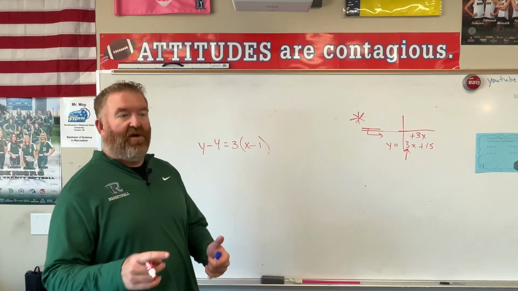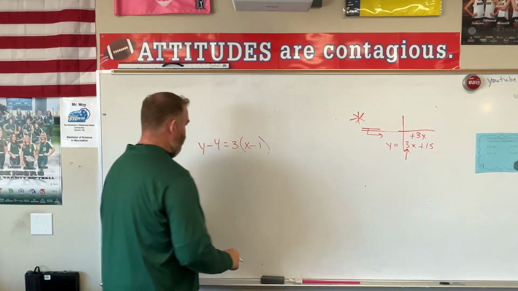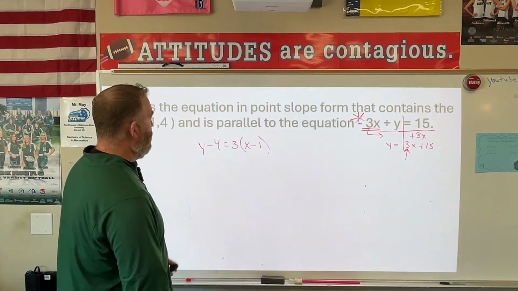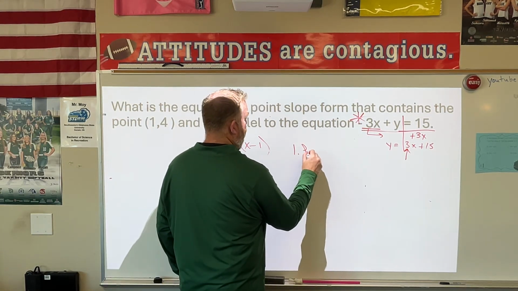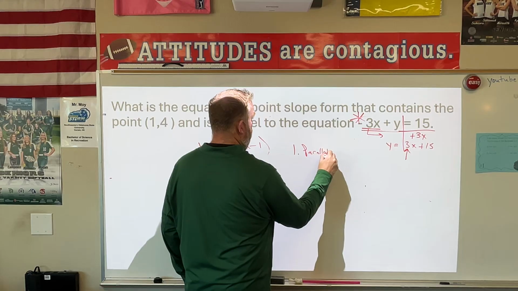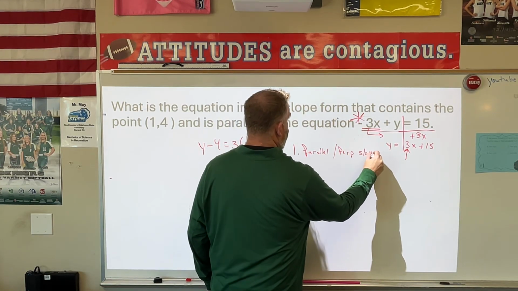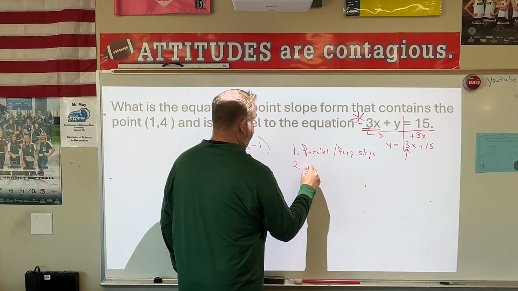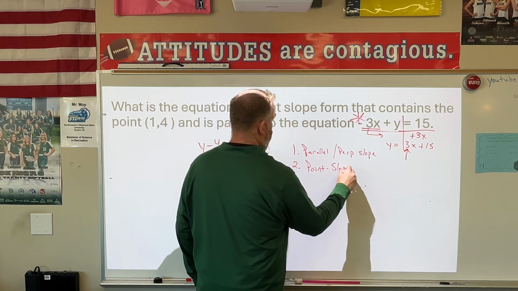Okay. Parallel, perpendicular. Couple quick things I would focus on. Here's what I would practice. Number one, I would make sure I know the difference between parallel and perpendicular slopes. Number two, you've got to know point slope form.